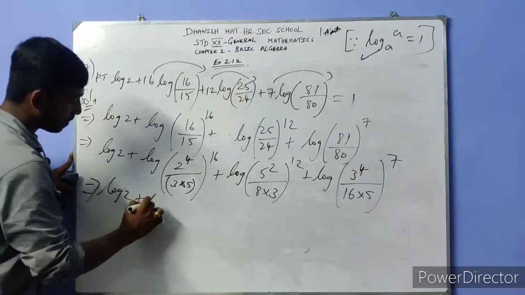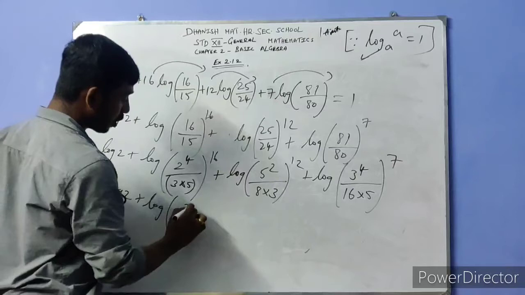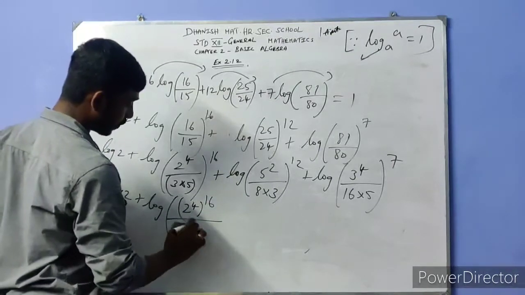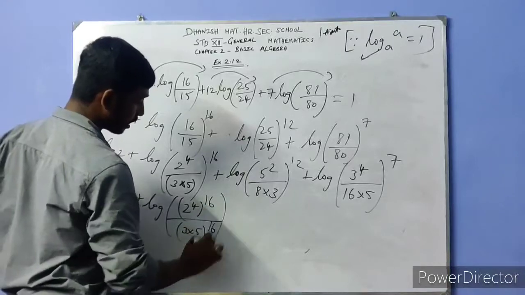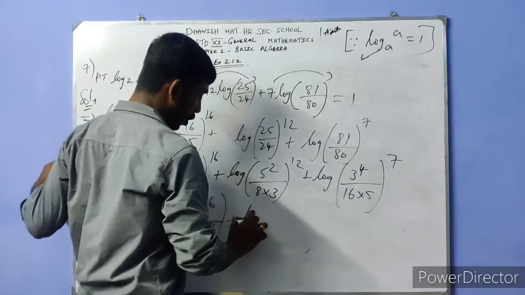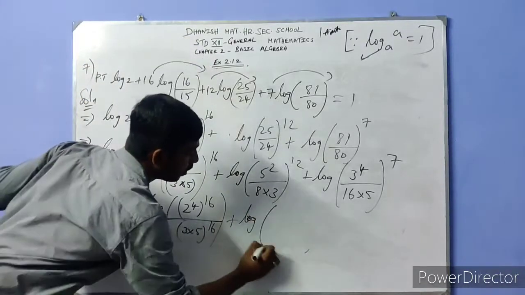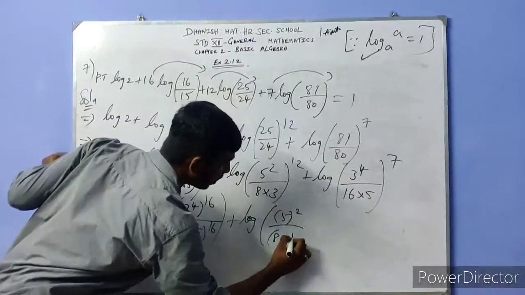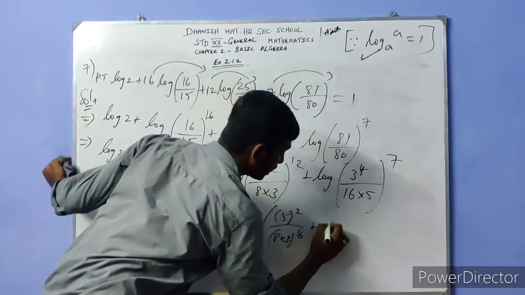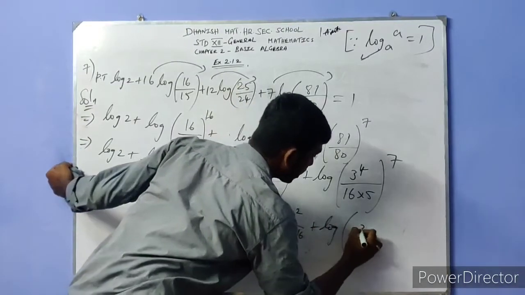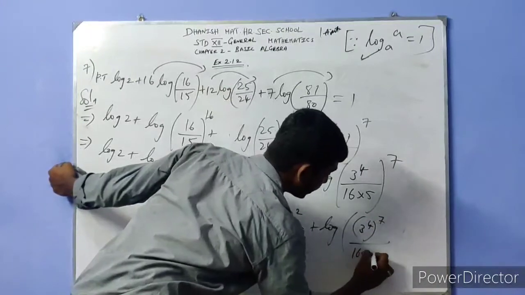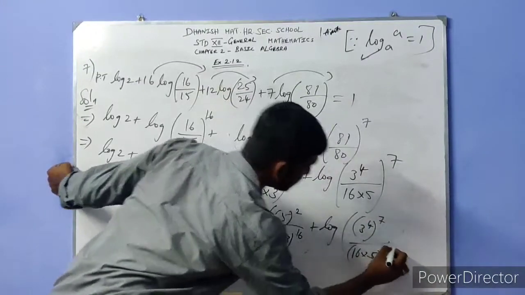Log 2 plus log 2 power 4 power of 16 divided by 3 into 5 power of 16, plus log 5 square power of 12 divided by 8 into 3 power of 12, then log 3 power of 4 power of 7 divided by 16 into 5 power of 7.